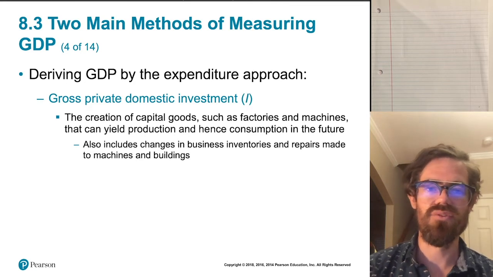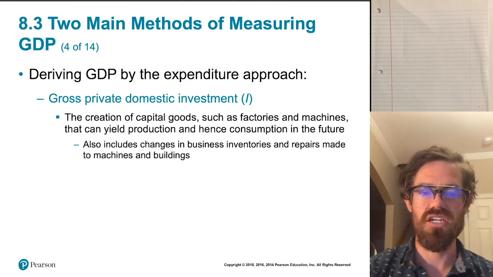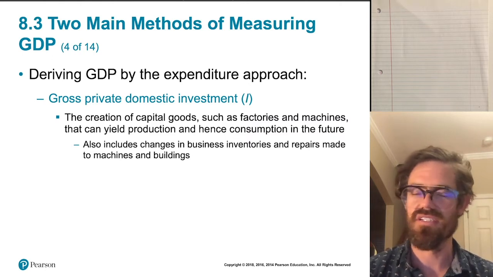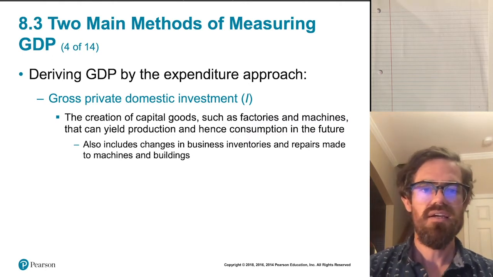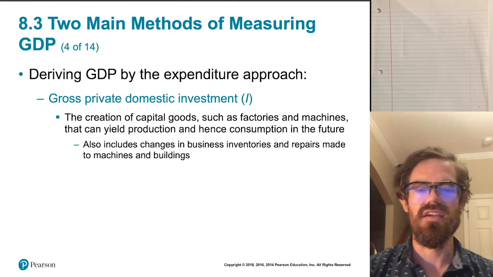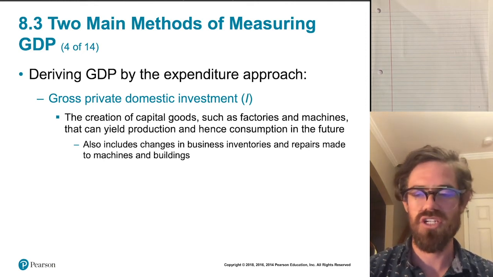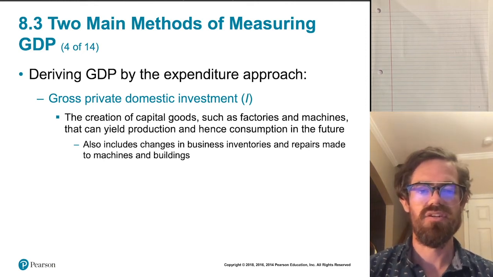The next category of expenditure in GDP is called gross private domestic investment, or just investment for short. And this is basically the creation of capital goods. And if you forgot what capital goods are, these are things like factories and machinery. So investment is the creation of these things that can yield production and hence consumption in the future.